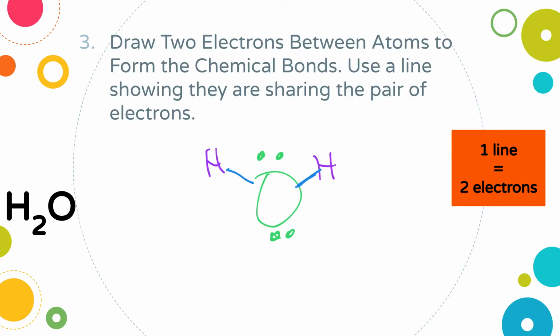If we count up the total number of electrons, because a line is 2, so 2, 4, 2, 4, 5, 6, 7, 8. We have used the total of 8 electrons that we needed to find a place for in our diagram.